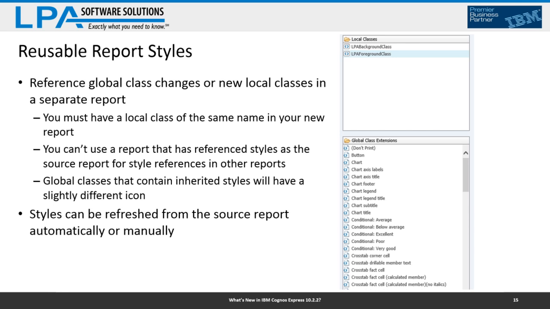I could do that on a column by column basis on all the lists in my report, or I can go to the appropriate classes and set them once in the class area, and then all of the lists in my report will be sized appropriately. Also in active reports, I use classes a lot to set colors and styles and use those throughout my report automatically. The thing is that those changes heretofore have been isolated to the report that you defined them in.